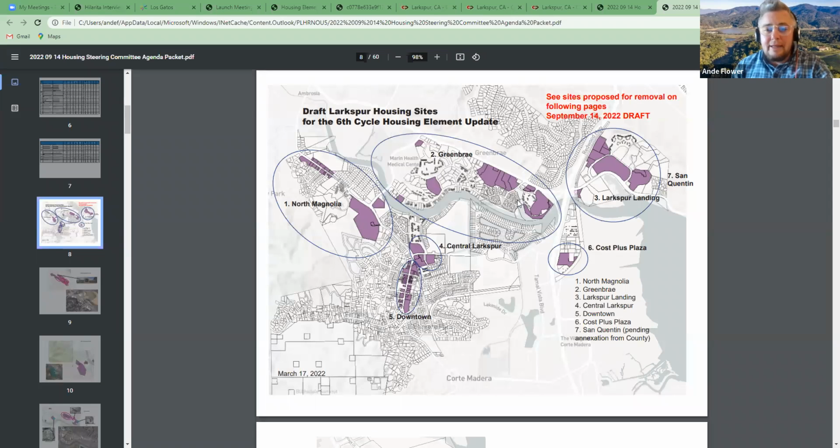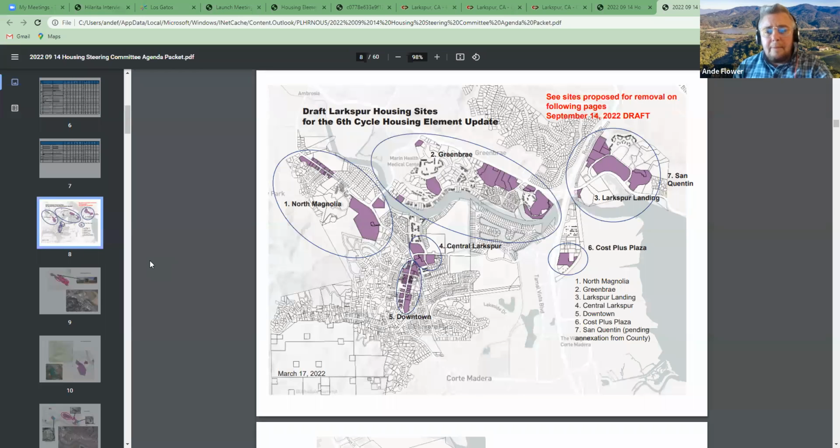Okay, here we go. So this map might look familiar. It's the one that we brought forward when we were working with the Balancing Act. And so it's separated out in those same neighborhoods that we talked about then. And now as we talk through options and get an idea about how things might look, we're also on the back end taking a deeper dive, looking more closely at sites that maybe don't make so much sense for this 6th cycle housing element.